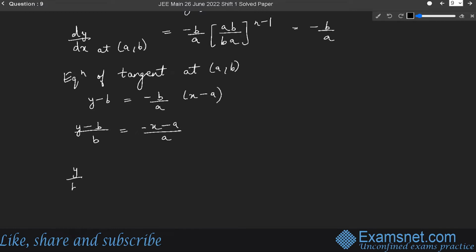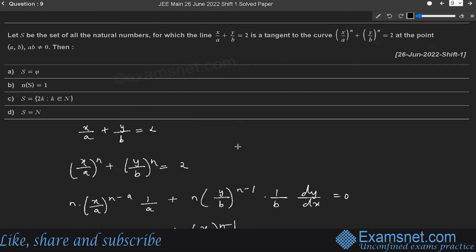So y upon b minus 1 will be equal to minus of x upon a plus 1, or it can be written as x upon a plus y upon b is equal to 2. Therefore, we can say that it is tangent for all values of n. So we can say that the correct option here will be option D, which is s is equal to n.